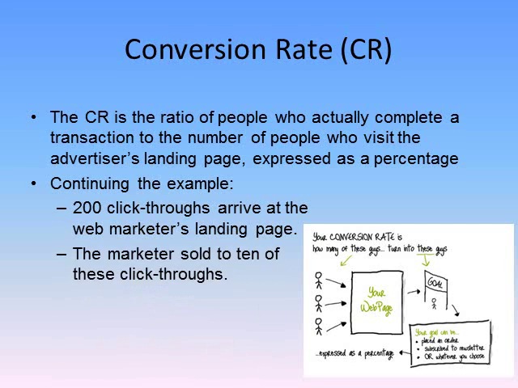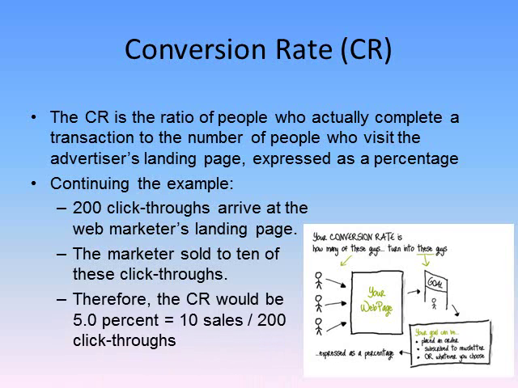And let's say the marketer sold to 10 of these click-throughs. Of these people who actually came to the landing page, 10 did what you wanted them to. In this case, I'm using the word sold. You sold something to them. Okay? Well, the conversion rate would be 5%. 10 sales divided by 200 click-throughs.